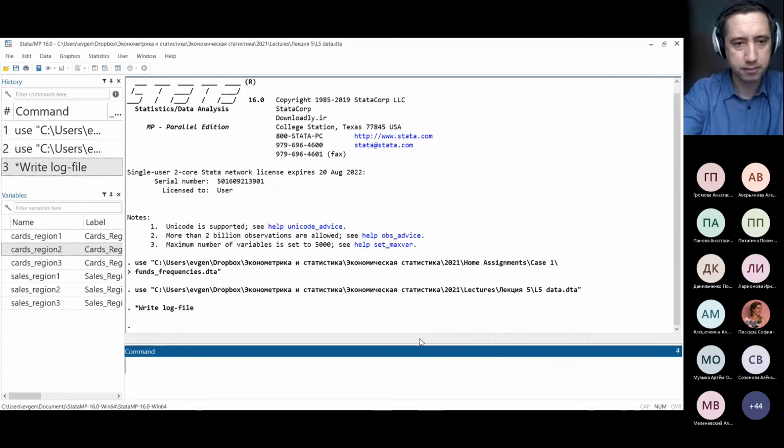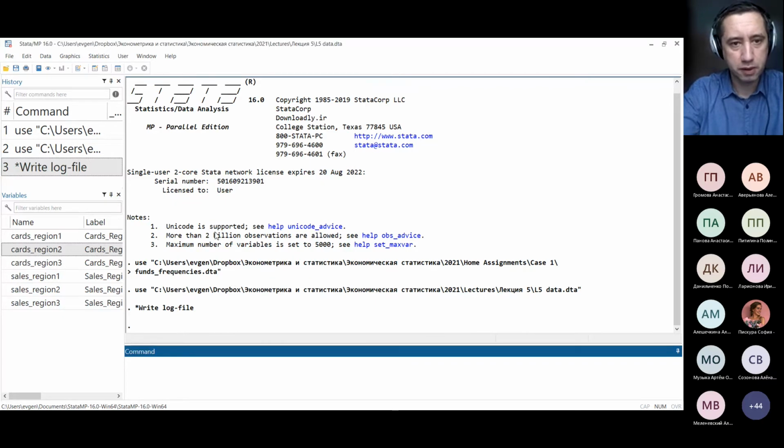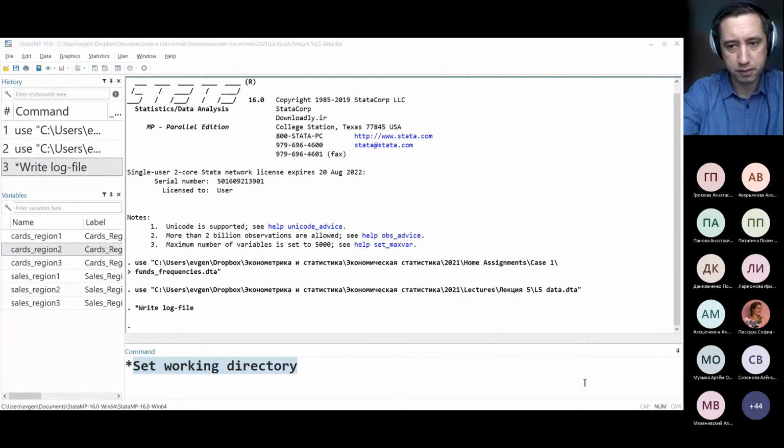To do this, you should write a log file. How to write a log file? First, let me show you how to write it. First, you should set the working directory. Let me type in the chat first.